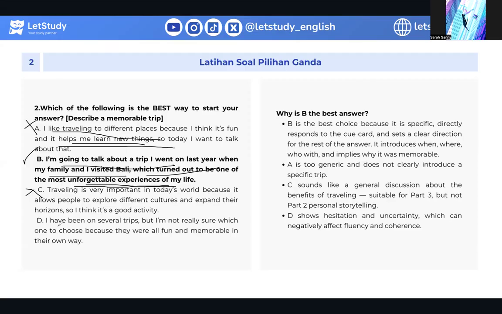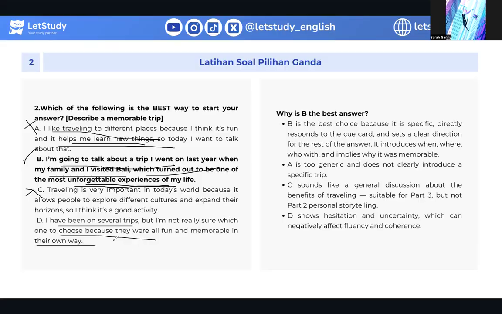Untuk D, "I've been on several trips, but I'm really not sure which one to choose because they're all fun and memorable." Nah, sebenarnya kalau punya pertanyaan kayak gini, nggak apa-apa kalau jawab kayak, oh, I've been on several trips, and I'm not really sure which one is fun and memorable. Tapi kalian juga harus lanjut dan mesti tetap harus menjawab.